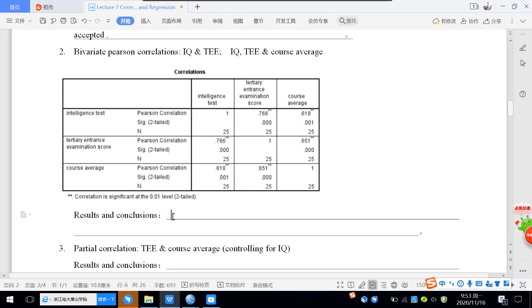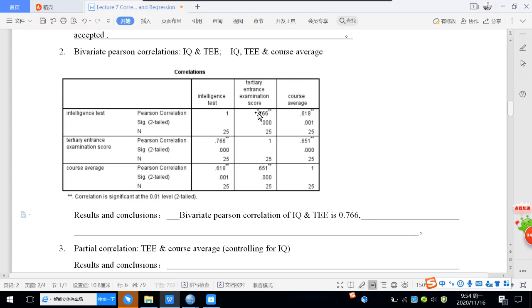Okay, so here you can see that for IQ and TEE, the value of Pearson correlation of IQ and TEE is 0.766. Yeah, this is TEE, IQ, 0.766.